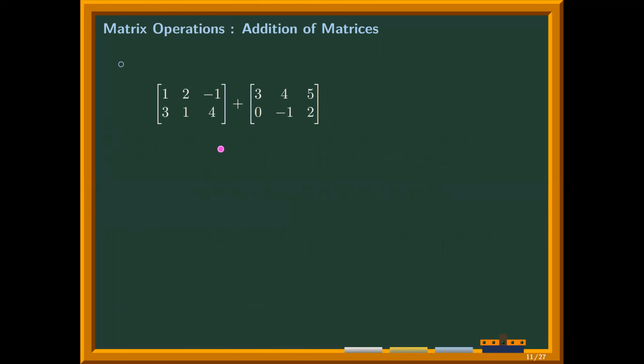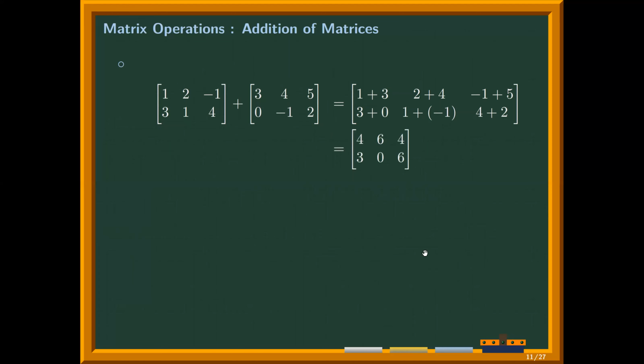So we can compute the sum of these matrices, and the sum is as shown. It is also 2 by 3, whose entries are simply obtained by getting respective sums.